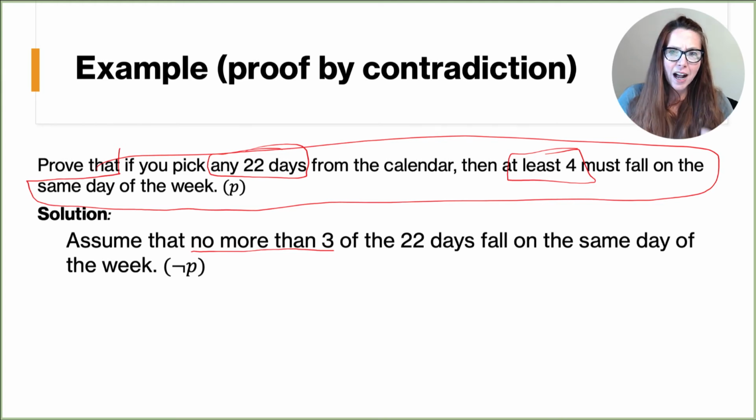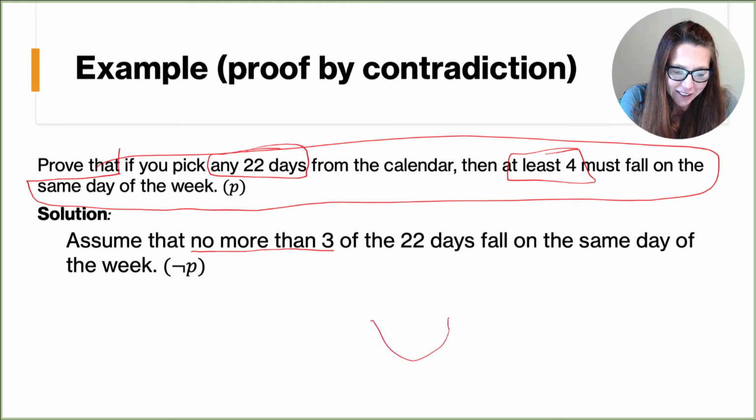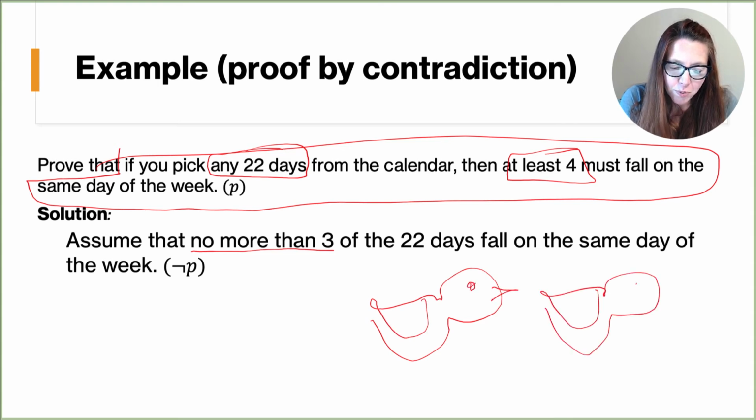How do we arrive at a contradiction? Well, this involves something really fun, and that is the pigeonhole principle. Always a favorite of mine. I apologize immediately for my drawing skills, but the pigeonhole principle goes something like this.